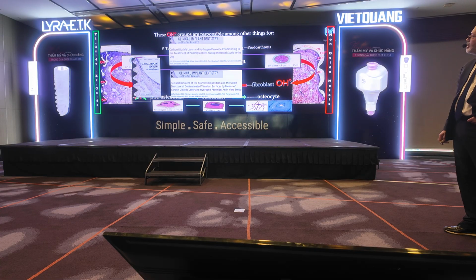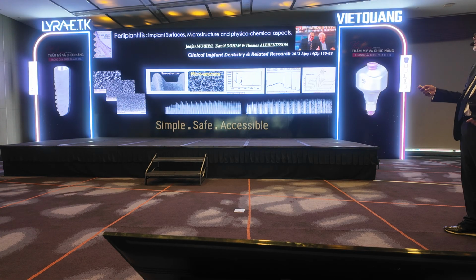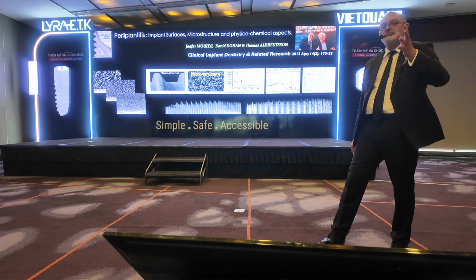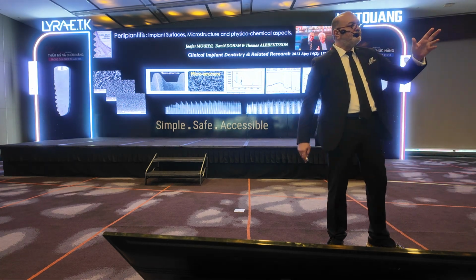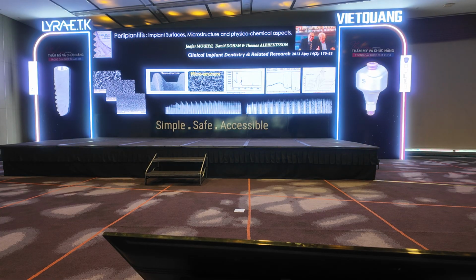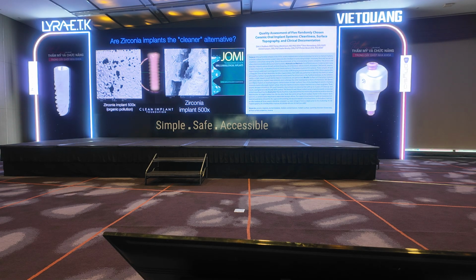And this is why we publish a lot of papers on that, and I just make a reminder of what we discussed this morning. Exactly what happens inside the bone happens about half on the soft tissue with a very well manufactured abutment.